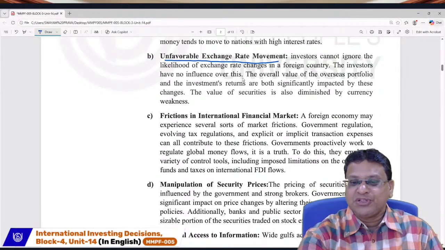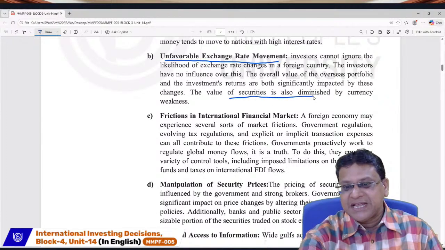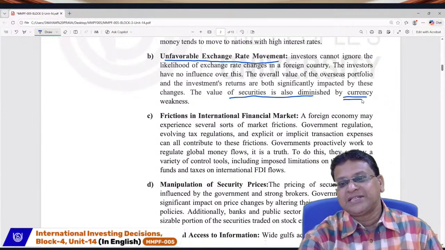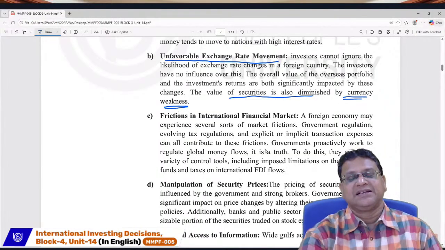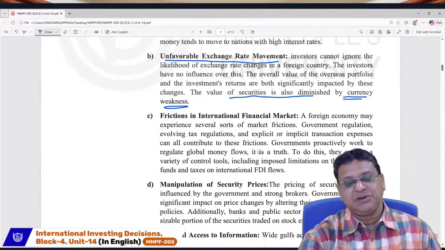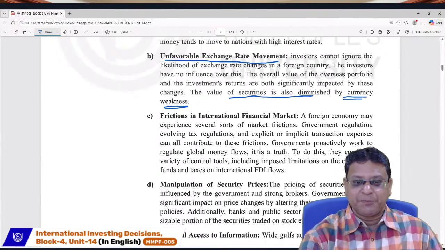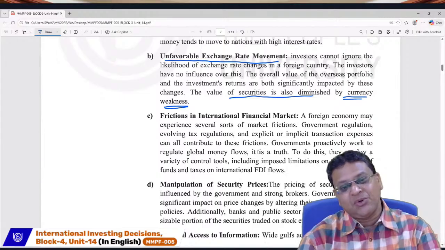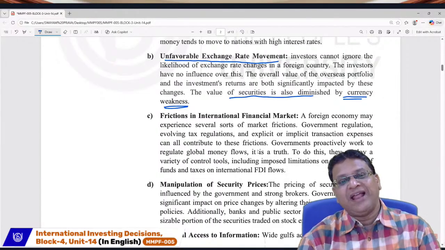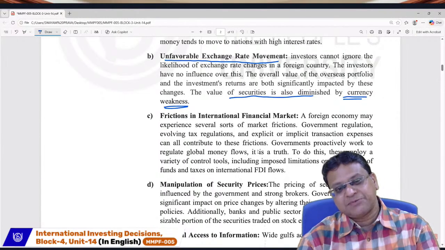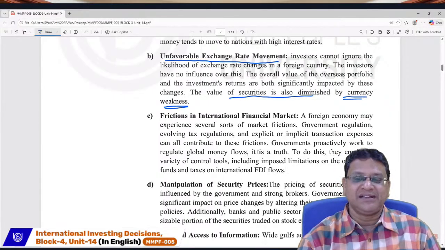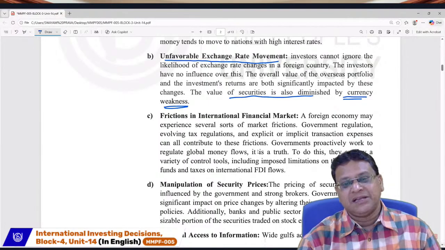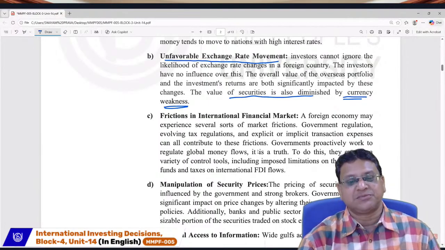The value of such a security diminishes if the currency in which you invest weakens. That means, suppose an Indian person invests in a US company's shares, and if the US dollar weakens, then the value of his investment also comes down. This is known as exchange rate risk with forex investment or foreign security investment.